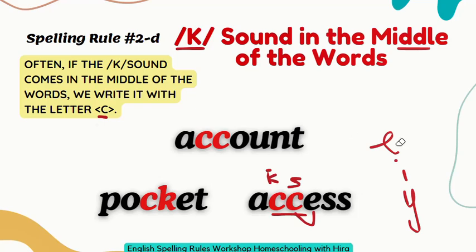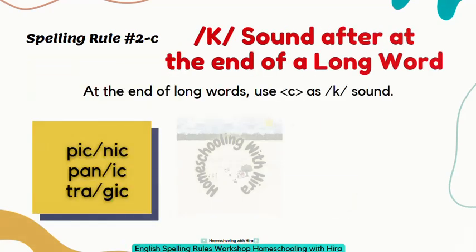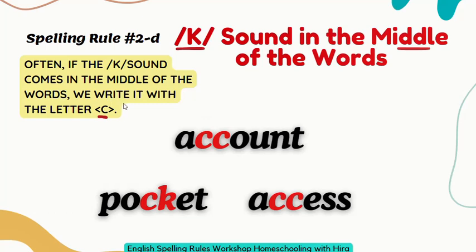If it's a bit tricky for you, just mark this point in the video, and once we are done with the soft C rule, you can come back to this video and then you will understand these two spellings much better.